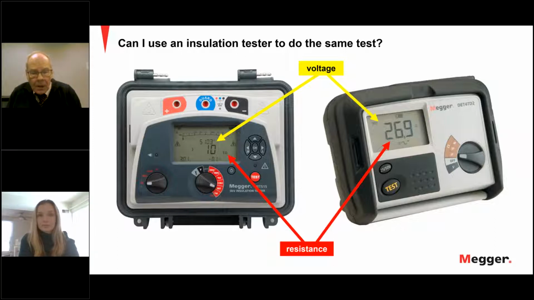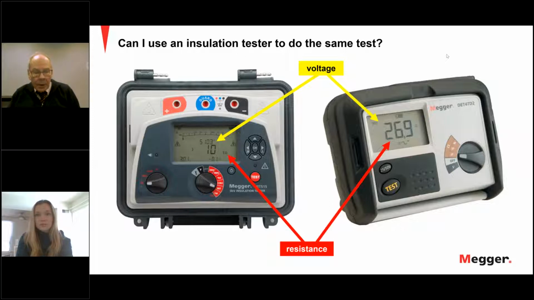So no, the issue here is a ground tester works with low voltage and low resistance. It's on the low end of the resistance scale, whereas an insulation tester wants to measure all the way up on the extreme high end of the resistance scale, because you don't want your insulation to be low resistance.